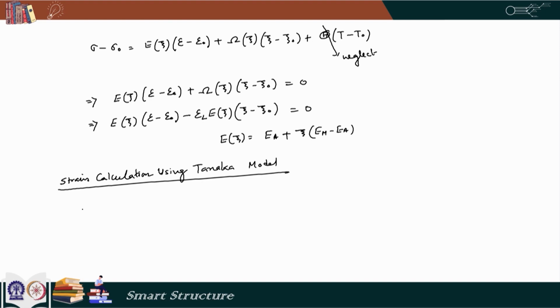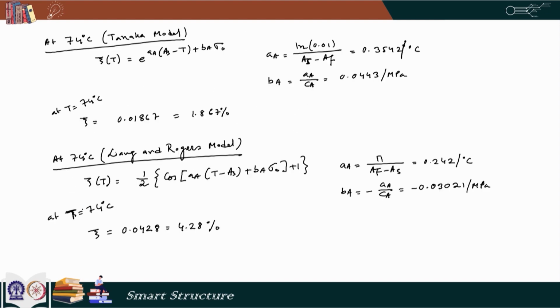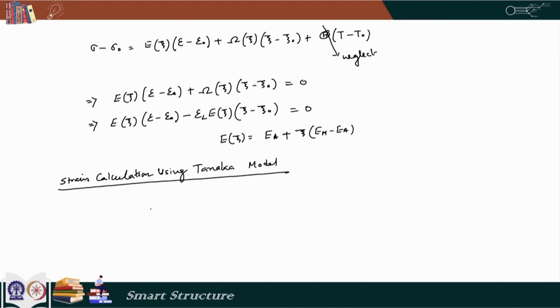So, for that, it is already done by us, and the value that we got is 0.01867. So, for that particular xi, if I find out the E, then E comes to be E xi.